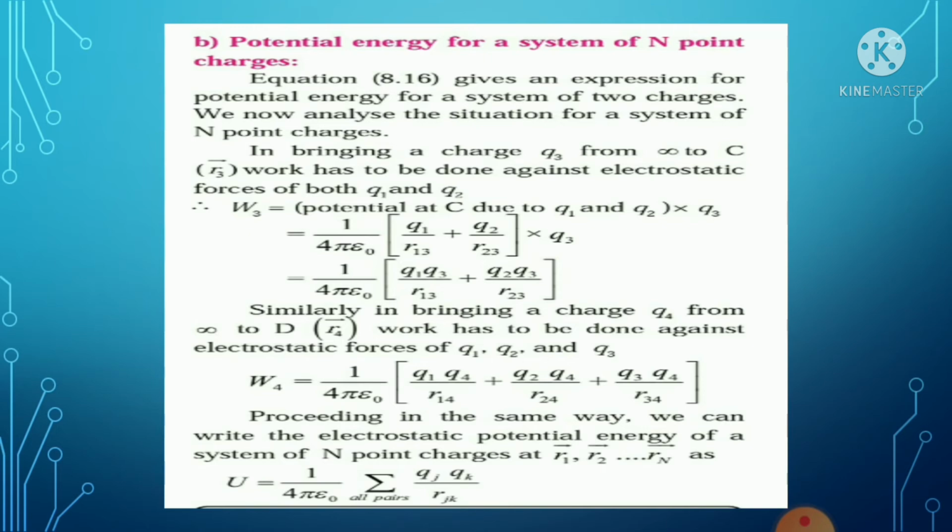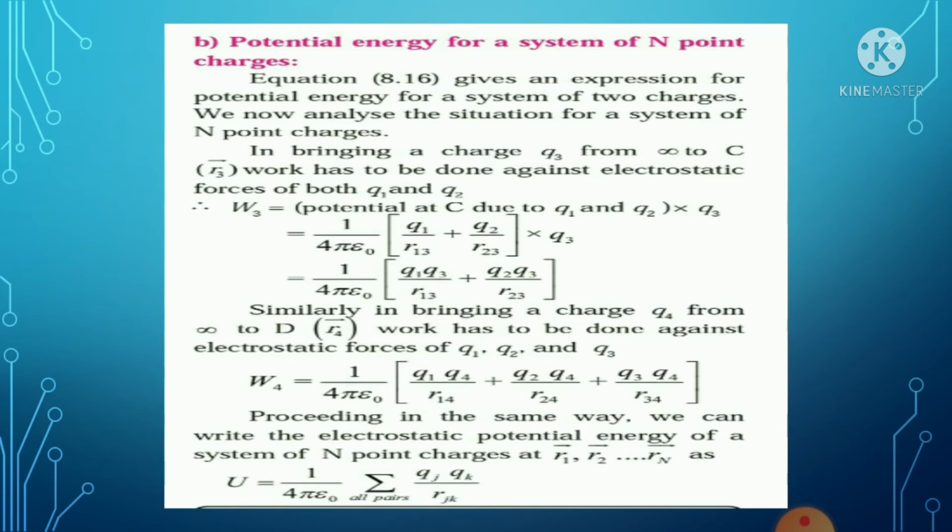Similarly, in bringing a charge Q4 from infinity to point D of R4 bar, work has to be done against the electrostatic forces of Q1, Q2 and Q3 charges.